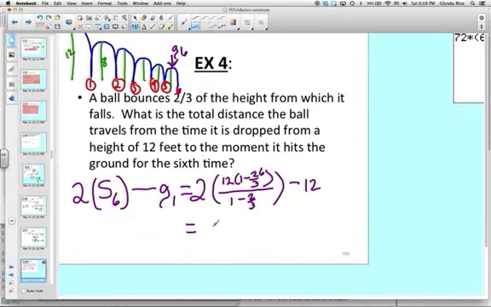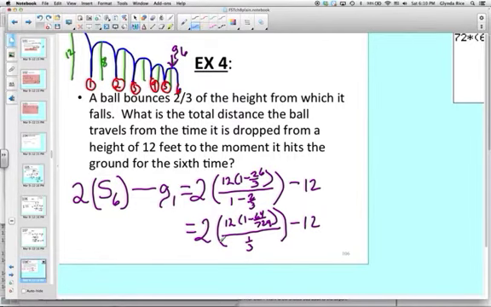Okay, let's simplify this in here. 1 minus, well, 2/3 to the 6th, 2 to the 6th over 3 to the 6th. So we get on the top, well, 12 times 1 minus 64 over 729. 1 minus 2/3 is 1/3.